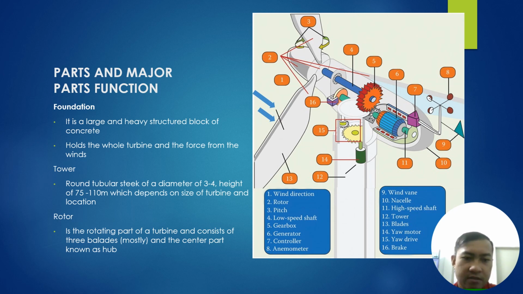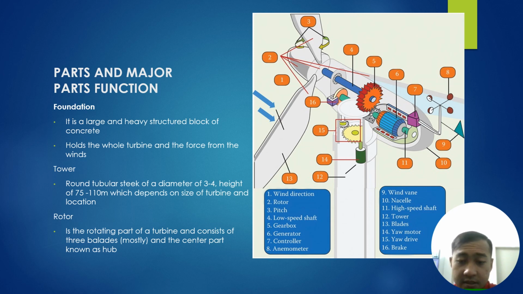It is like a stick with a diameter of 3 to 4 meters and a height of 75 to 101 meters, which depends on the size of the turbine and location.